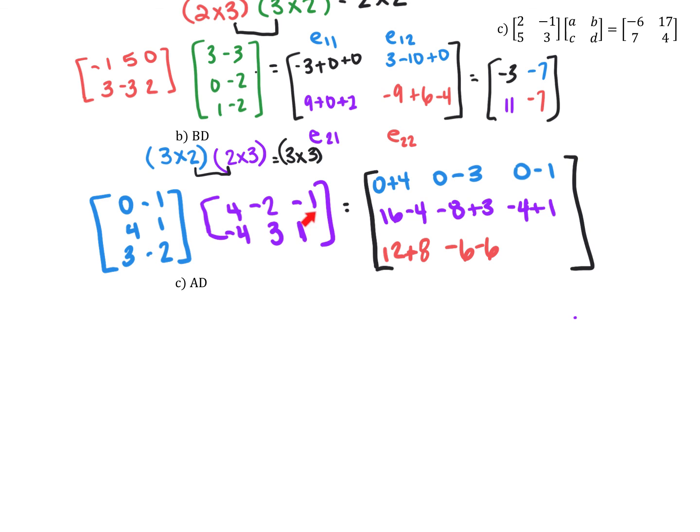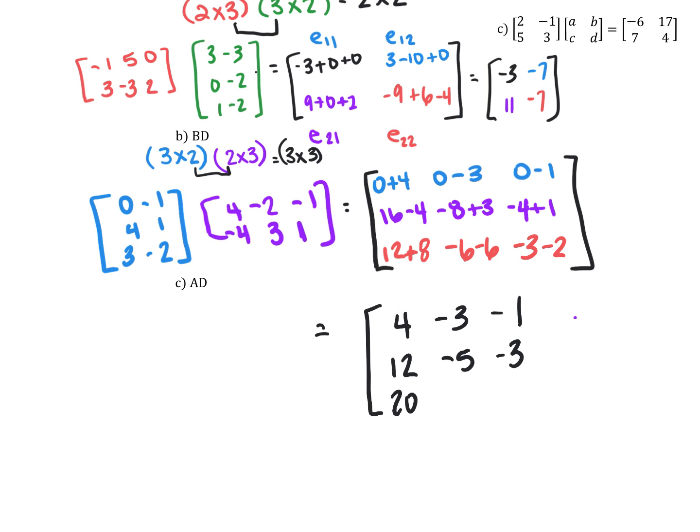Third row, third column. 3 times a negative 1 is a negative 3. Negative 2 times 1 is a negative 2. So this matrix cleans up to be 4, negative 3, negative 1, 12, negative 5, negative 3, 20, negative 12, negative 5. That's my matrix in the end.